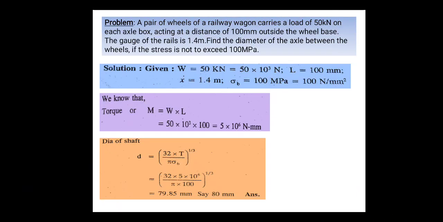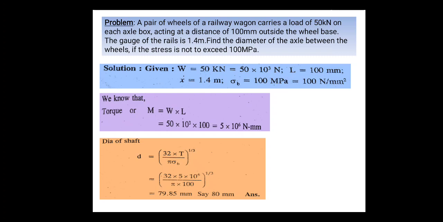Moving on to the next problem. A pair of wheels of a railway wagon carries a load of 50 kilonewton on each axle box, acting at a distance of 100 mm outside the wheelbase. The gauge of the rail is 1.4 meter.